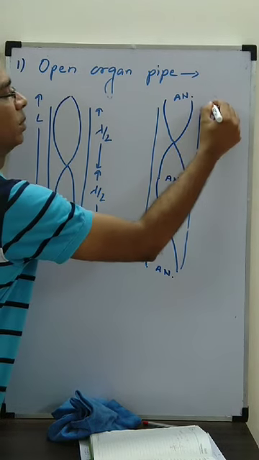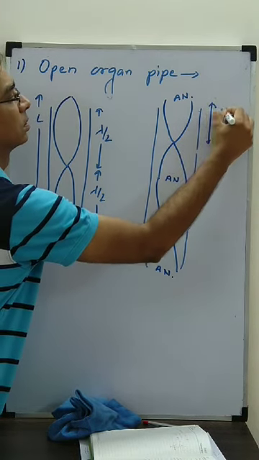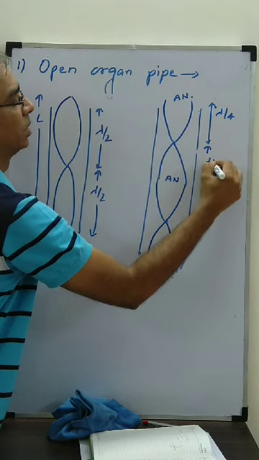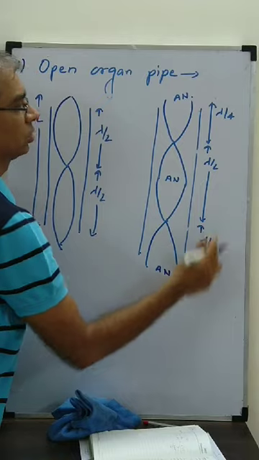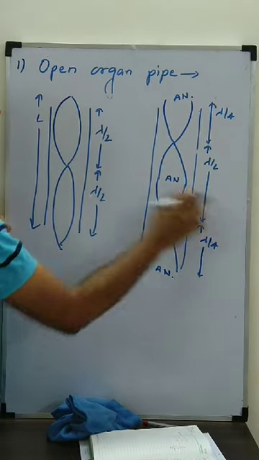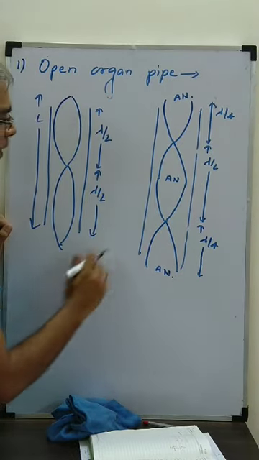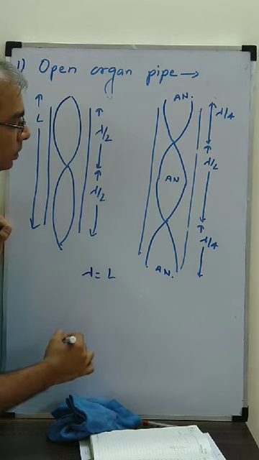So this is lambda by 4, this is lambda by 2, and again lambda by 4. So what is total? Lambda. Same. So here we can say lambda equal to L.